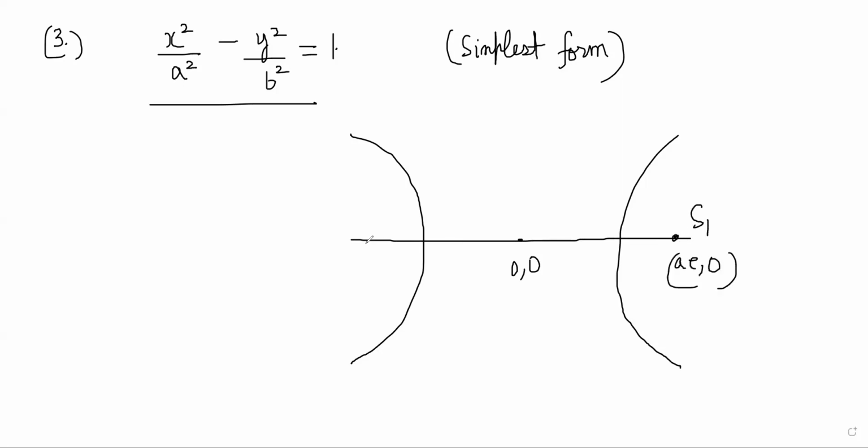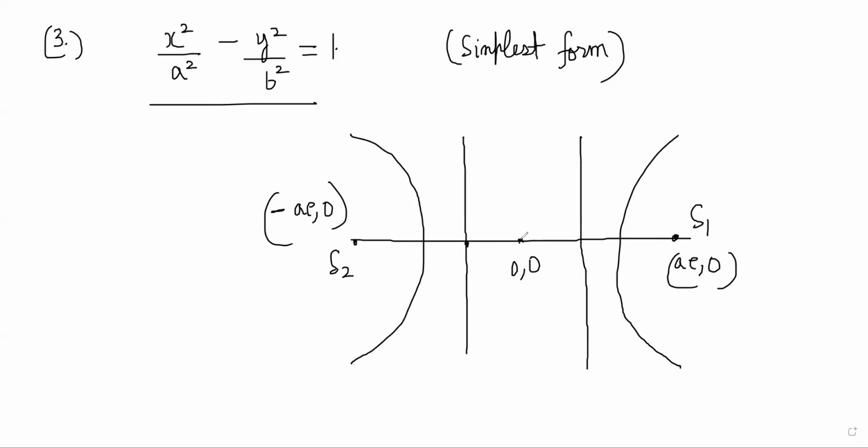This is the first focus S1, and the second focus S2 is minus ae comma 0. And the directrices are somewhere here and here. These lines are basically x is equal to a by e and x is equal to minus a by e. So notice that the directrix now is inside and the curve is on two different sides.